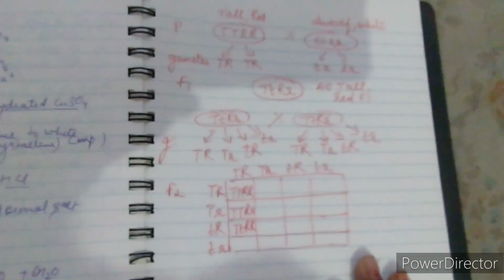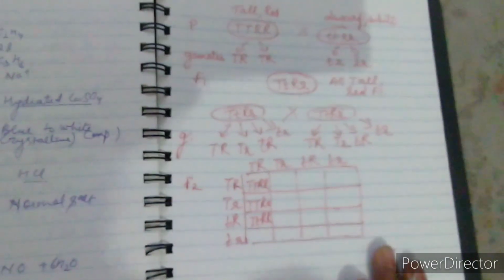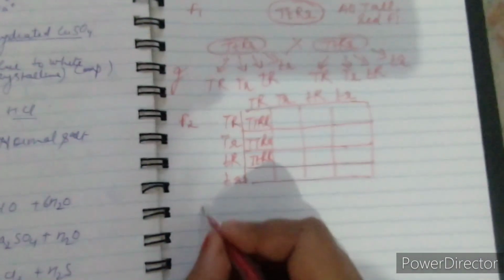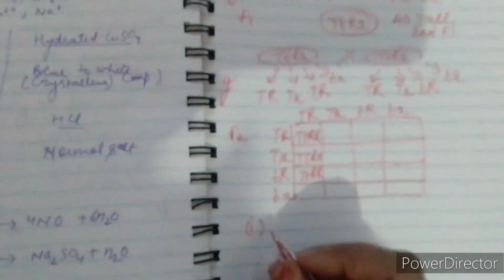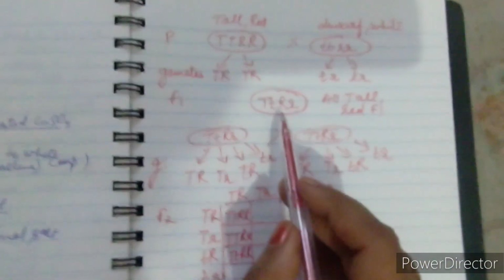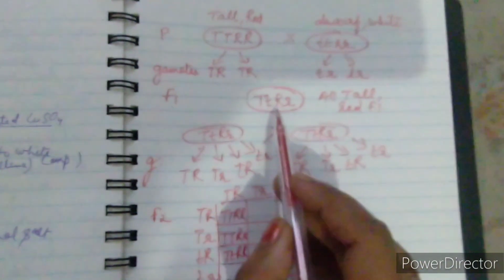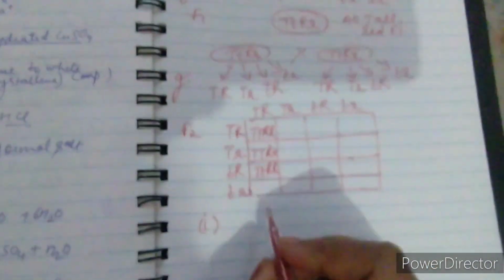Now we'll answer the questions based on this cross. Now let's see what the questions are. First question is, give the genotype and phenotype of F1 generation. Now you can see the genotype is capital T small t capital R small r. So this is the genotype.